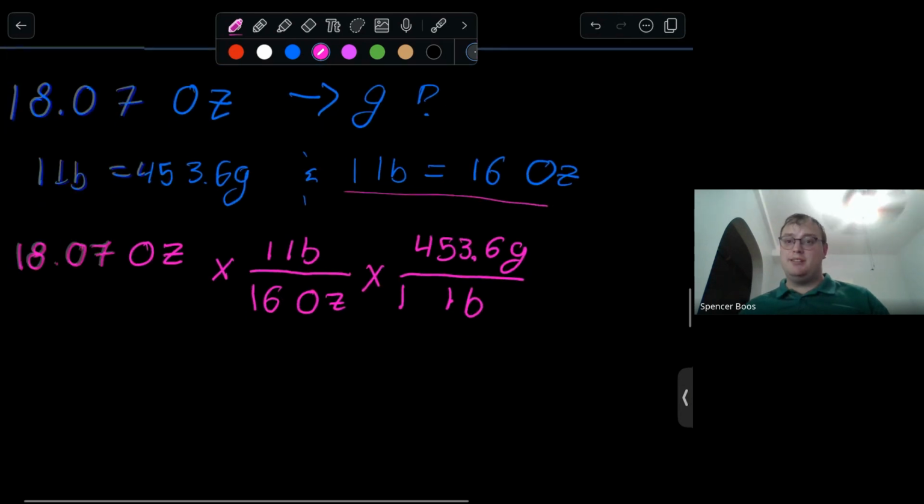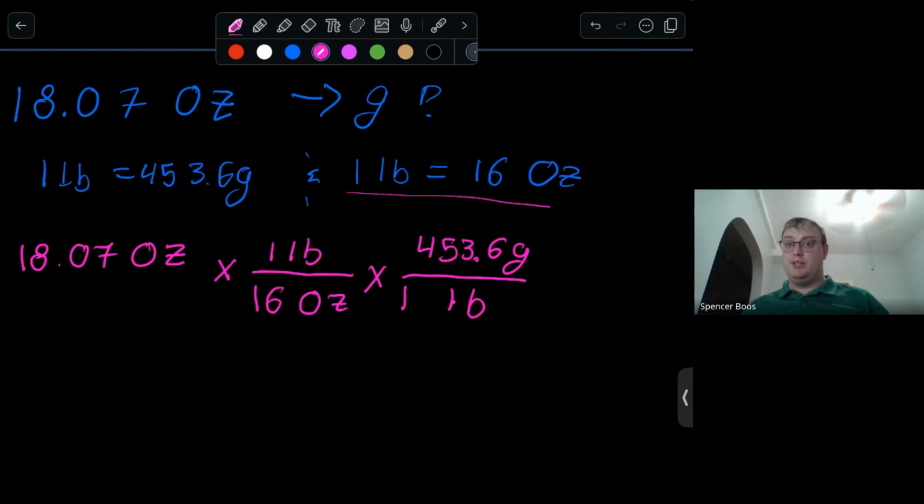Now you may be asking, whoa, there's 3 fractions here? Yes. Because observe, this ounces cancels out with this ounces. This pounds cancels out with this pounds. So what are you left with? You're left with grams.